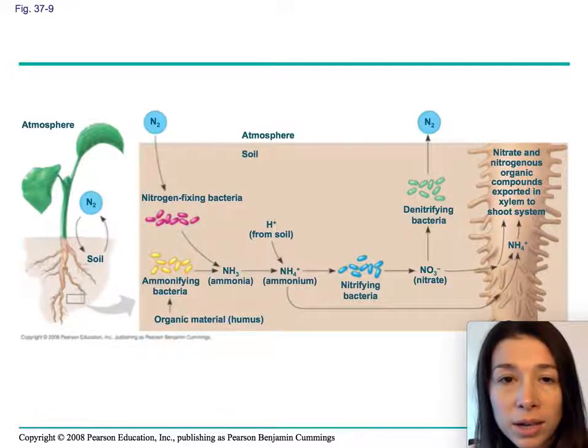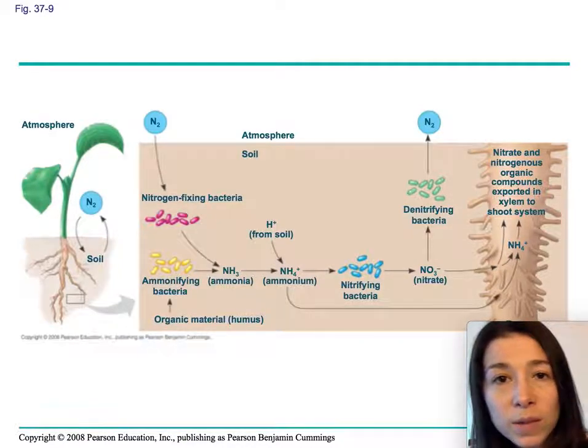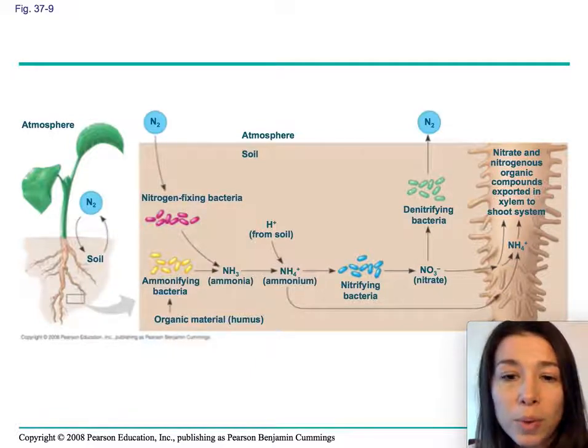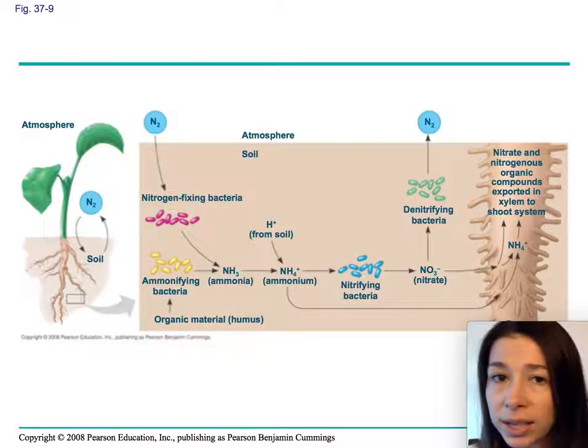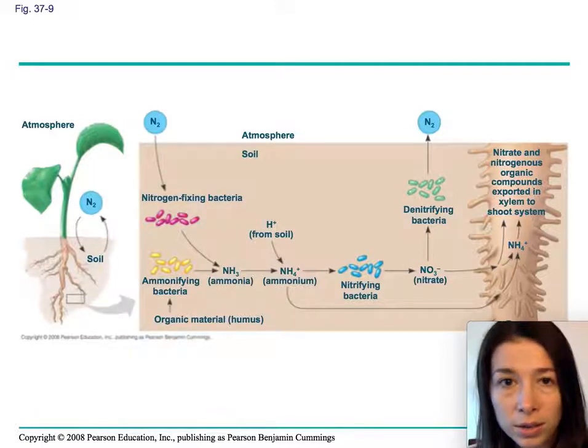So nitrogen-fixing bacteria come in and actually provide that service for the plant. Bacteria which can nitrogen fix, shown here in pink, are going to convert that atmospheric nitrogen, N2, to ammonia, and then that will be converted into ammonium, and that goes into nitrate, and plants can take up that nitrate and utilize nitrogen in that form to incorporate it into their biological molecules.